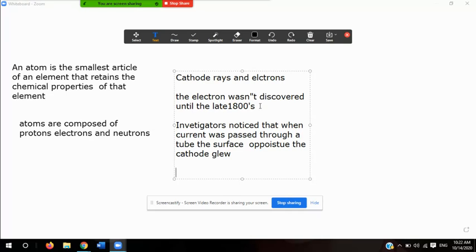They hypothesized that the glow was caused by a stream of particles, which they called cathode rays.